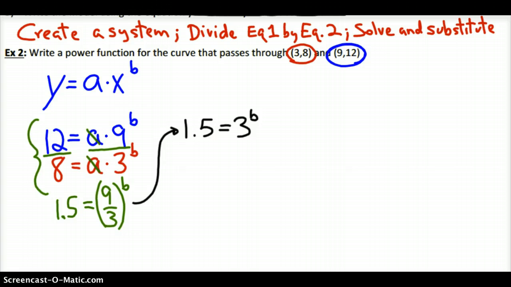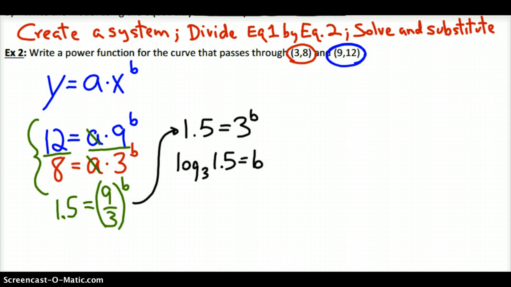And now to our normal way of getting at this, to get b by itself, is to rewrite this as a log statement, or log equation. So log base 3 of 1.5 is my b value.